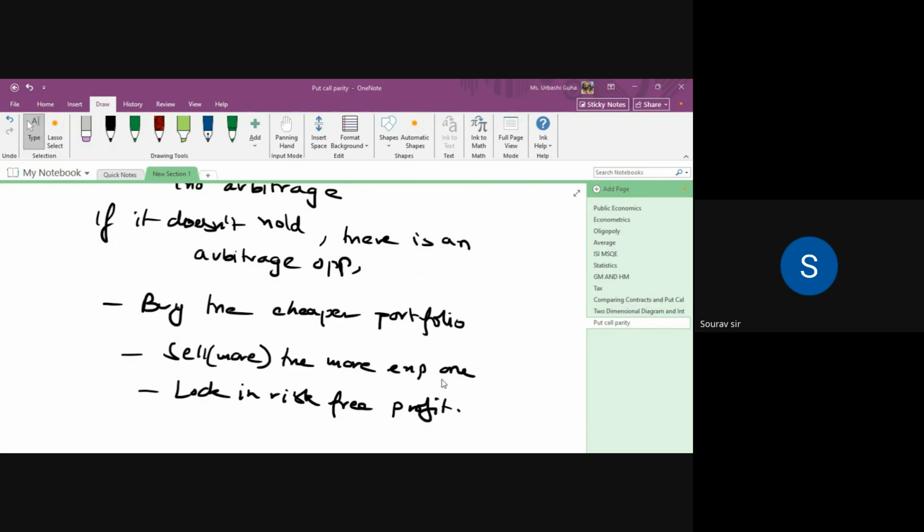Very easy. If the put call parity is violated, then traders can construct a portfolio of call, put, and forward.